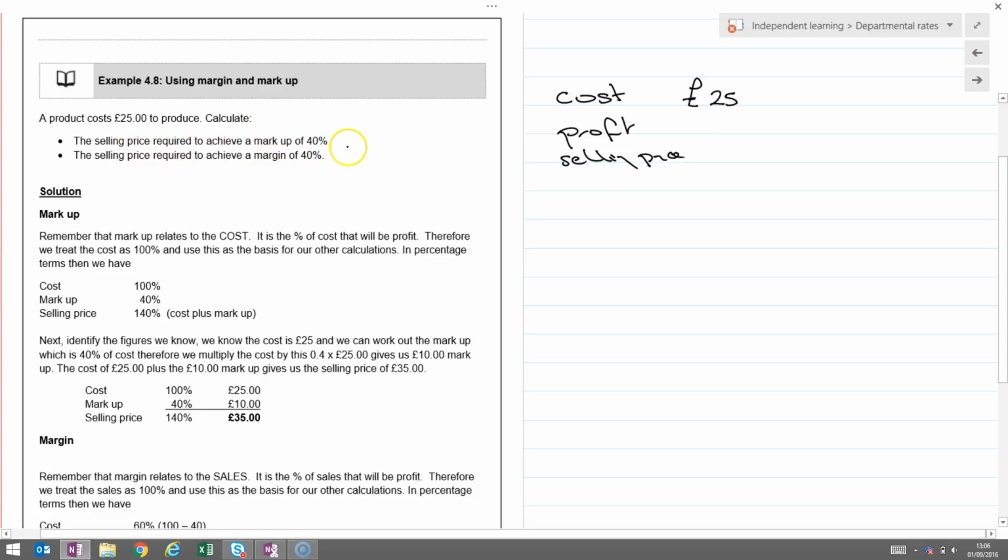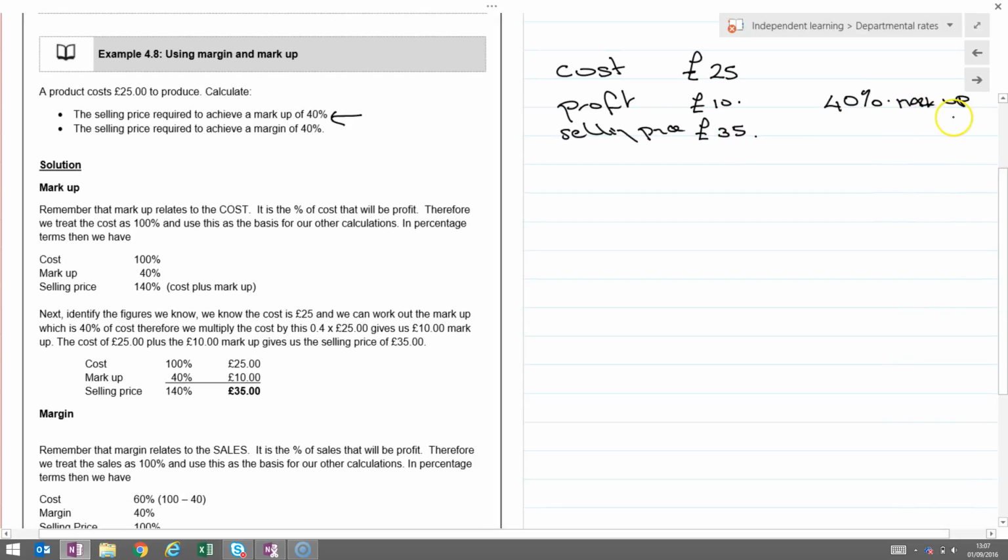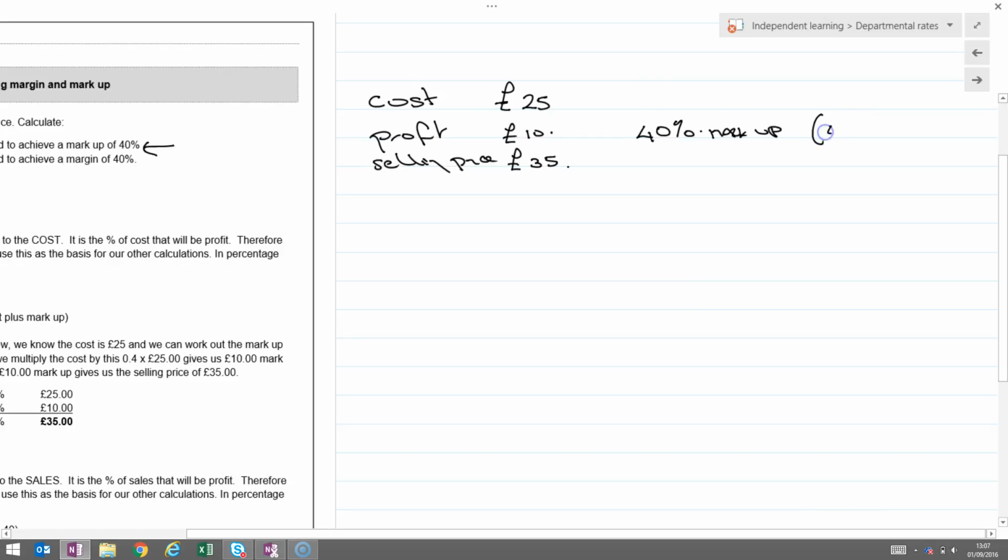We're asked to work out the selling price required to achieve a markup. So the profit is to be 40% markup, so that's 40% of the cost. 40% of £25 is £10. So that gives us £35. Okay, so 40% of cost.